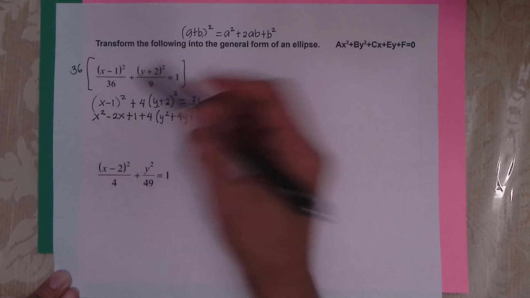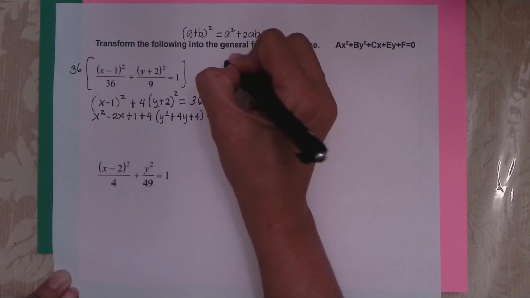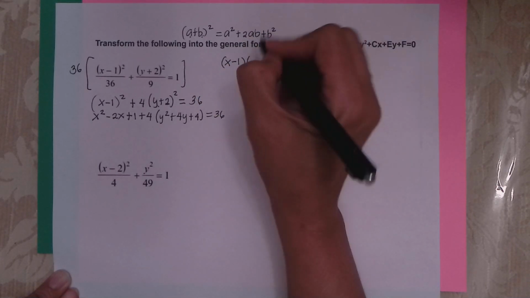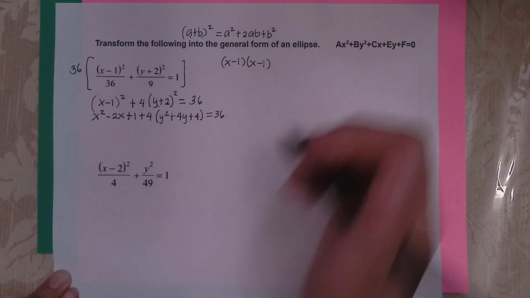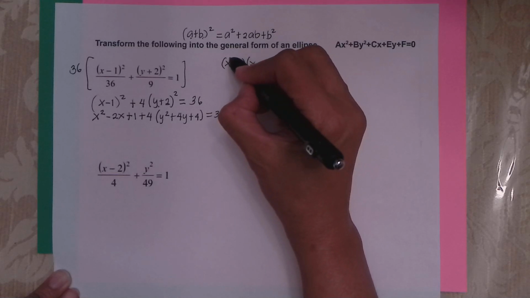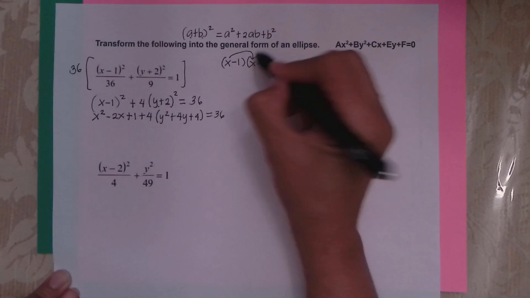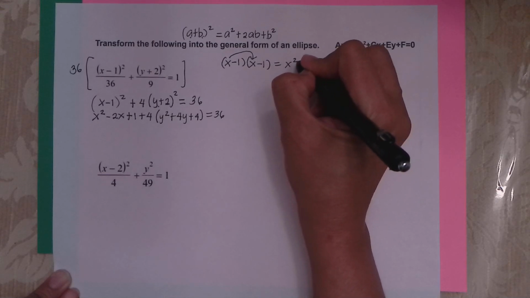Like, for example, x minus 1, the FOIL, or we call that distributive property. So let's say you want to use this form, this way of multiplying binomials, that's okay. So first term, x times x gives us x squared.